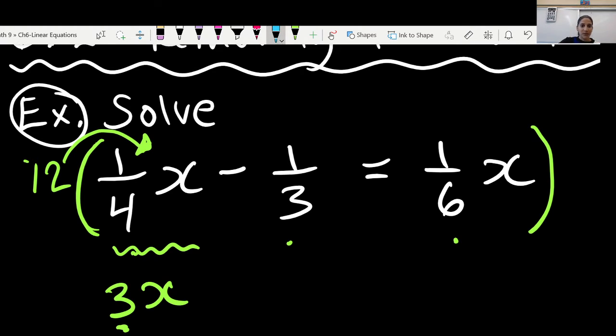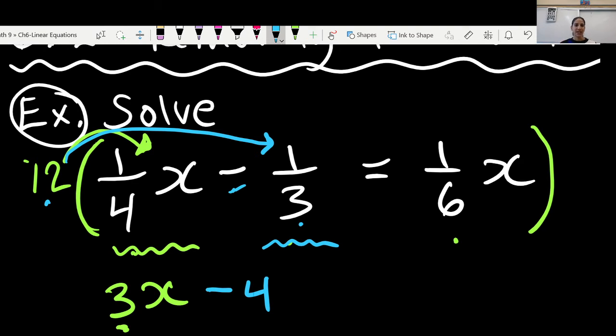Then we move on to our next term and distribute the 12 over to this term. So 12 times 1 over 3, again, we could look at it and say how many times does 3 go into 12? And we know that it's 4 times. So I'd get a minus 4, because the sign that's to the left of the term stays with that term. Maybe it would have been better if I extended this line all the way over there to include it.